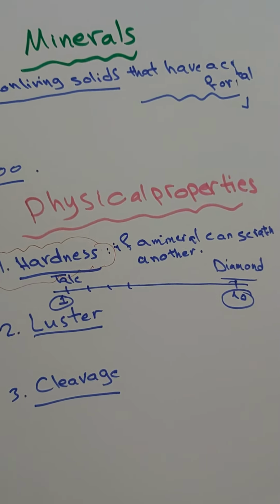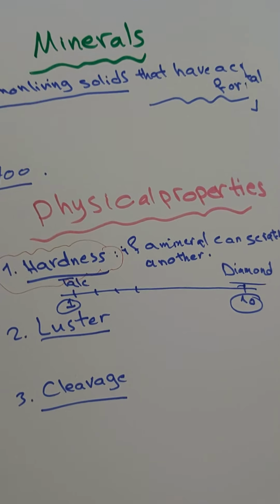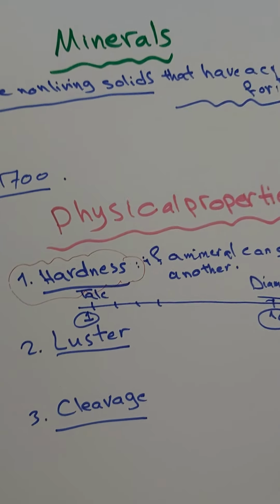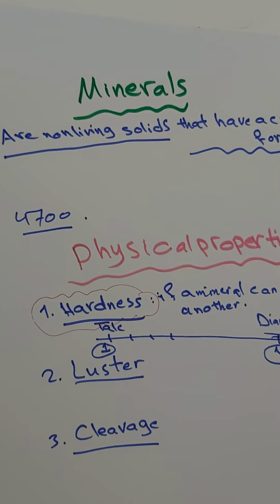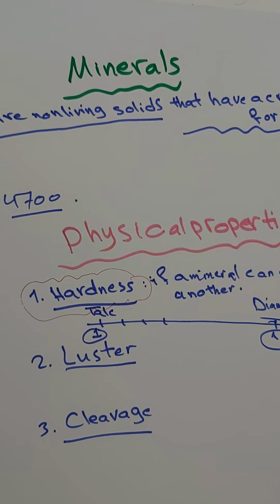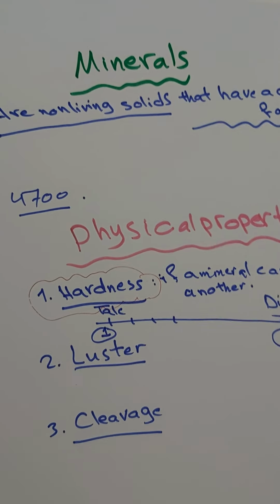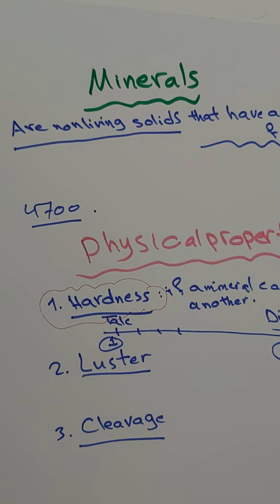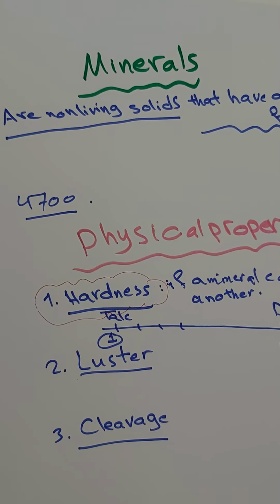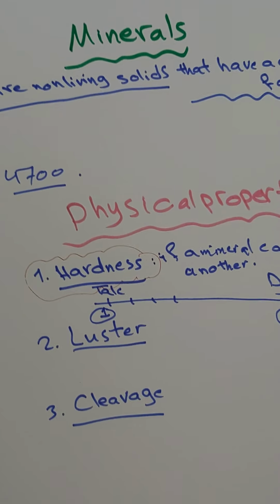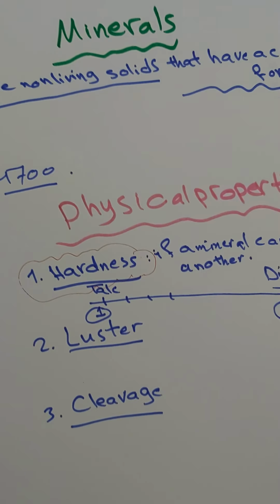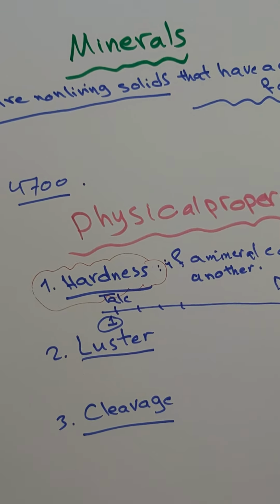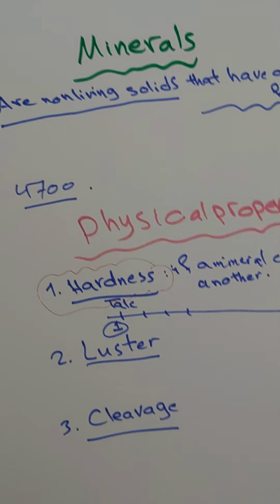The second physical property is luster. So, luster means what? But before luster, let's remember reflection. Reflection means what? It is the bouncing of light, or reflecting of light. Okay? Now, some minerals or elements appear very bright, like gold.